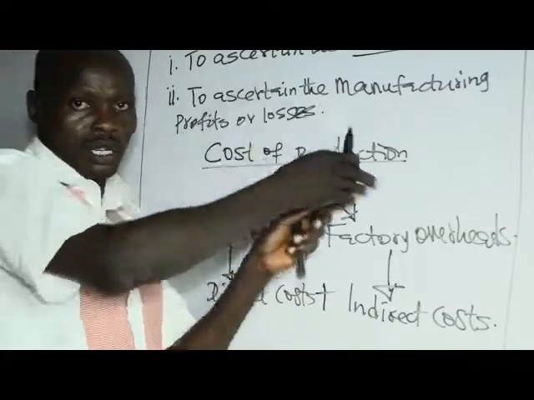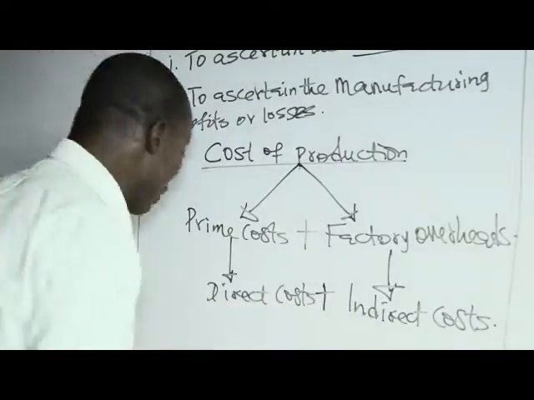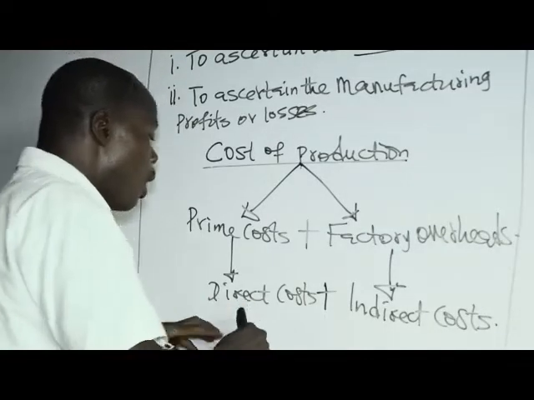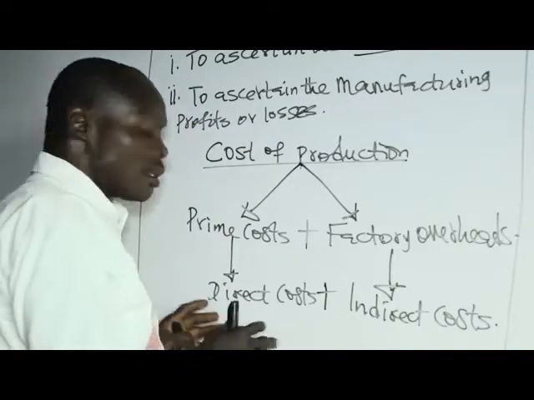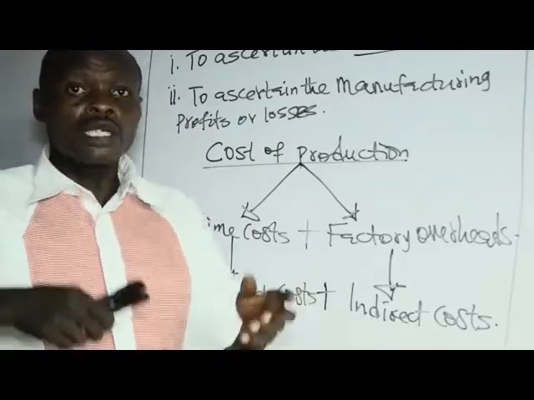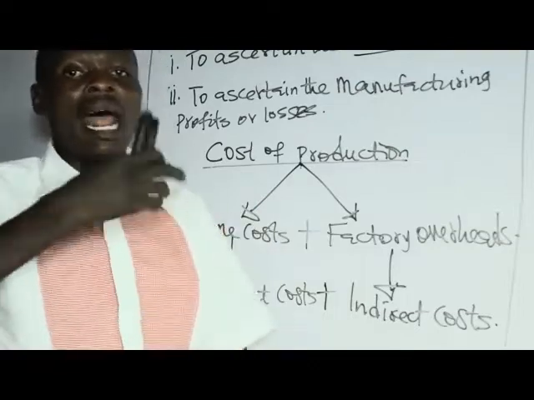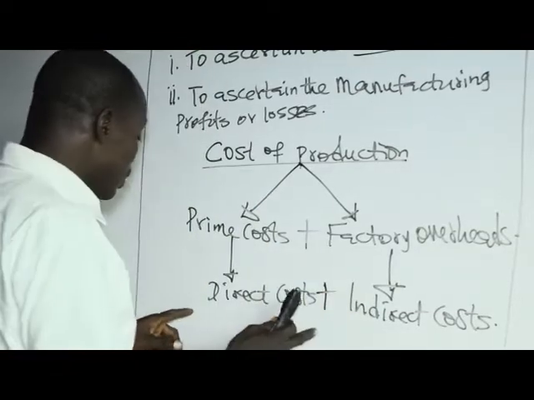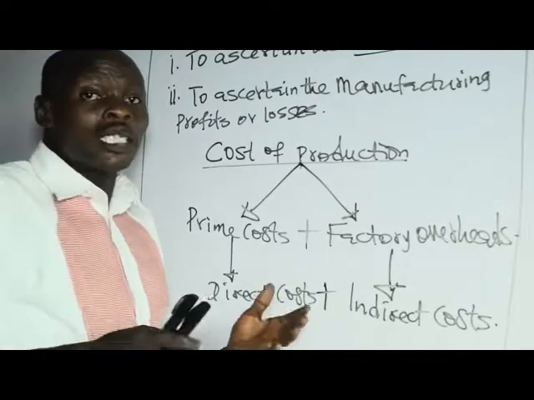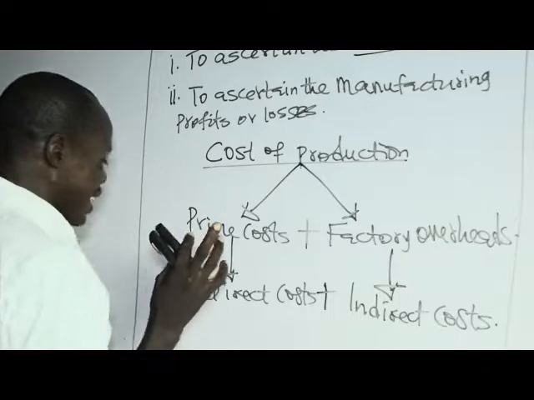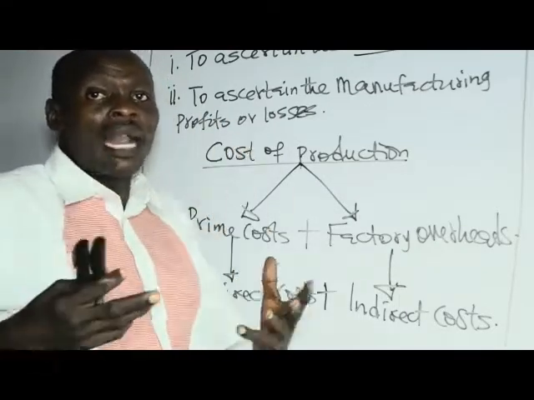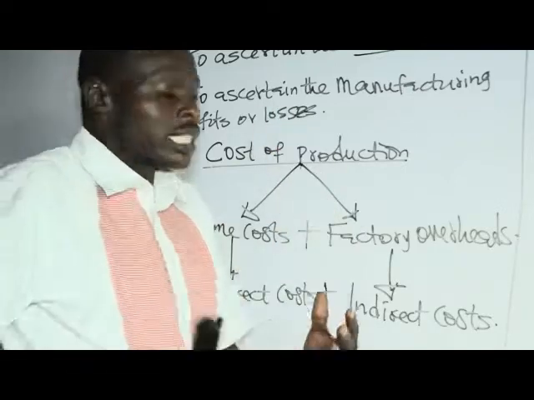Now, direct costs are the cost of items that can be traced directly to production. Therefore, direct cost is the aggregate of three elements: direct materials, direct labor, and direct expenses.